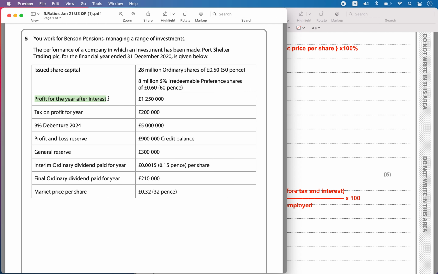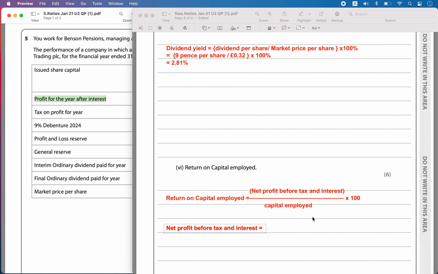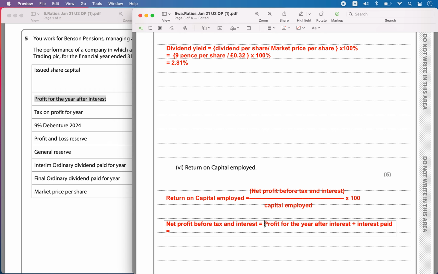So all we have is profit for the year after the interest, okay, after the interest was paid. So you will add back that interest paid. So now what interest paid do we have? They might have paid, you have to see.